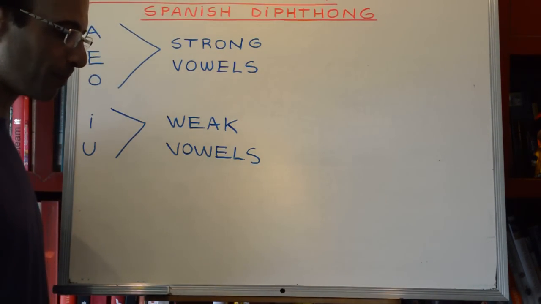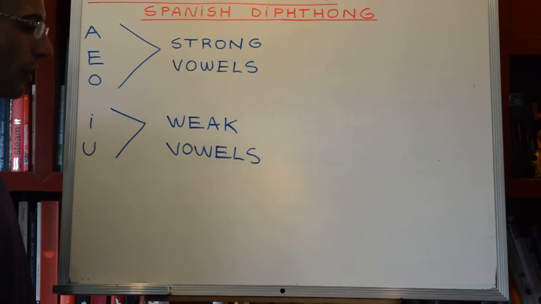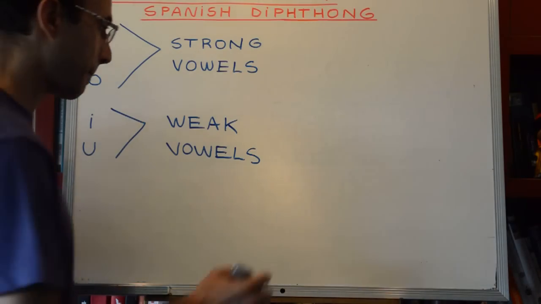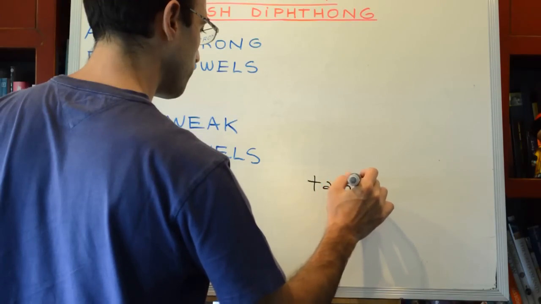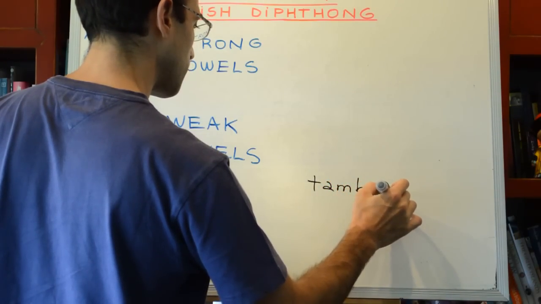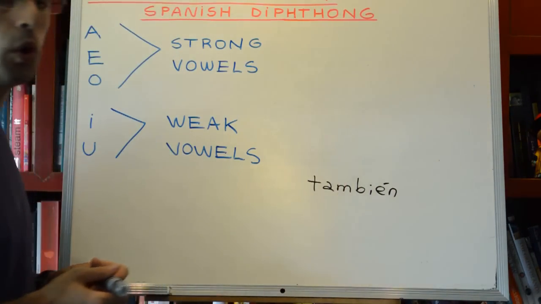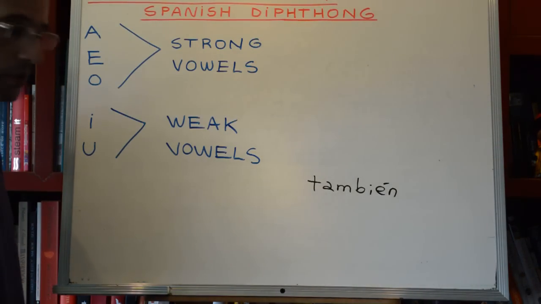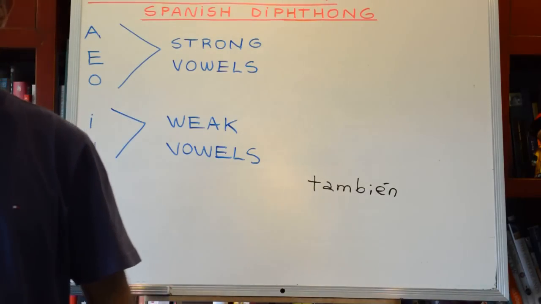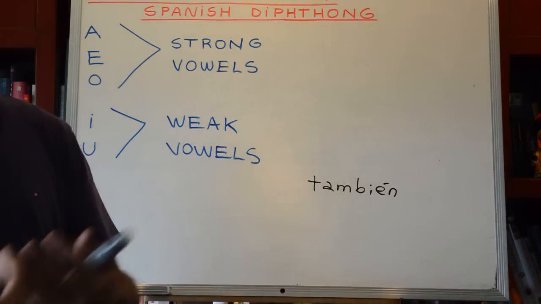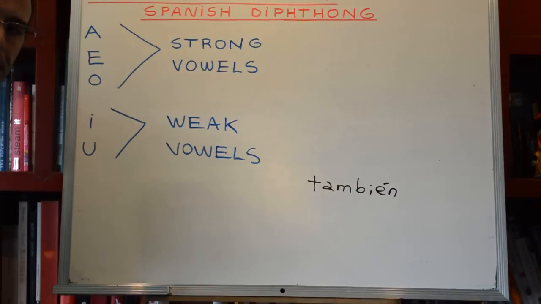For example, también. The word también means also. También, also, or too, okay? For instance, él también vino. He came too, or he also came. También.